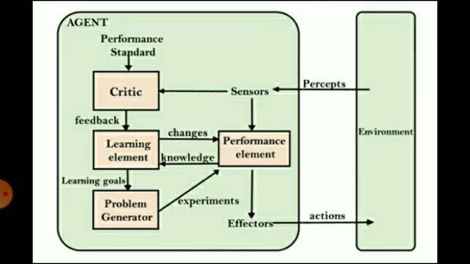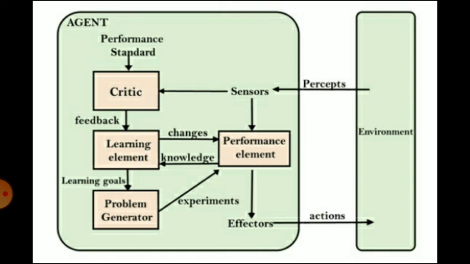So you can see the block diagram. In the block diagram you will see there is an agent, there is a performance standard, then the critic, then feedback, then the learning element, which is connected to the performance element and also to the problem generator, and then effectors that will take action.